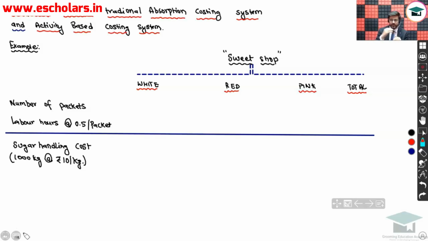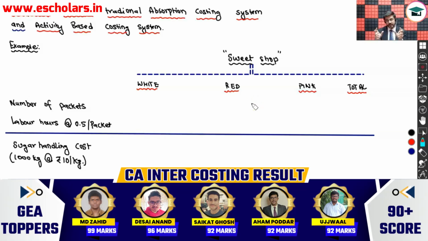What is important is that you understand this example, and with its help, how ABC works. Second, you should understand the difference between the traditional system, meaning your absorption costing system, and the ABC system.